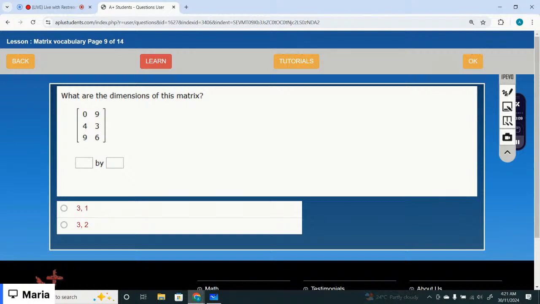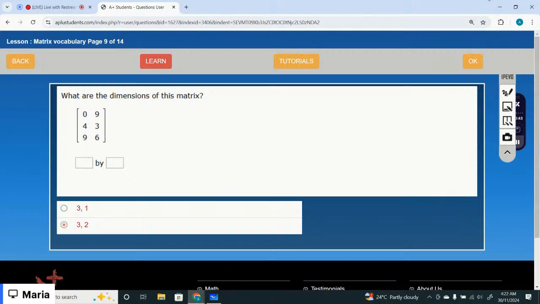What are the dimensions of the matrix? They are 3 by 2.